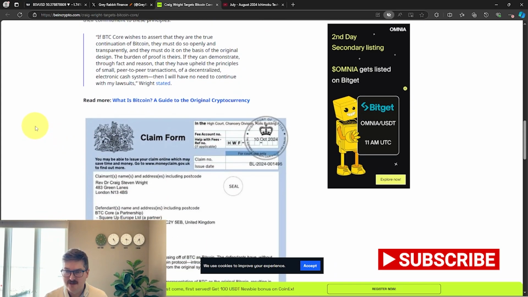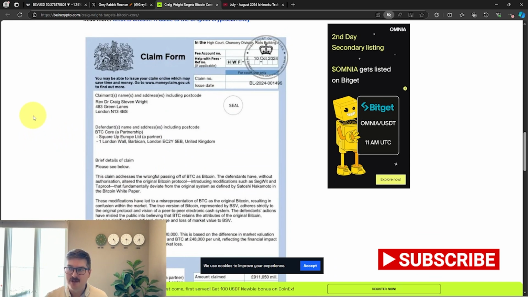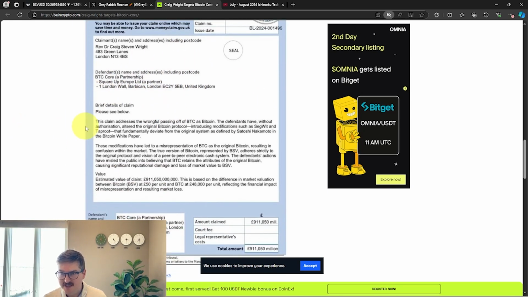So guys, I'm going to let you read through that. I'll put a link below, but here's the official document from the UK. This is showing that the claimant is Dr. Craig Stephen Wright, and the defendants are Bitcoin Core Partnership, Square Up Europe, a partner. It says, please see below, this claim addresses the wrongful passing off of Bitcoin as Bitcoin, and this is BTC Core.